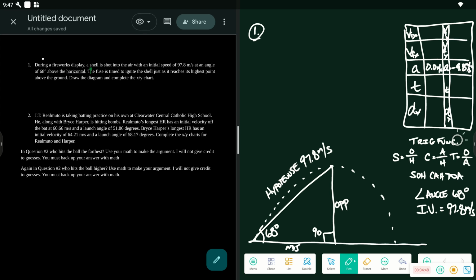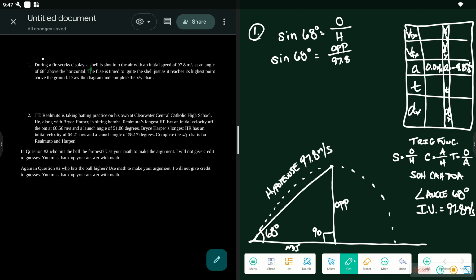Okay, so if we're going to try to find out the numbers, we have to figure out what the launch angle is, which we already know is 68 degrees. So the sine of 68 degrees equals the opposite side over the hypotenuse, which is 97.8.